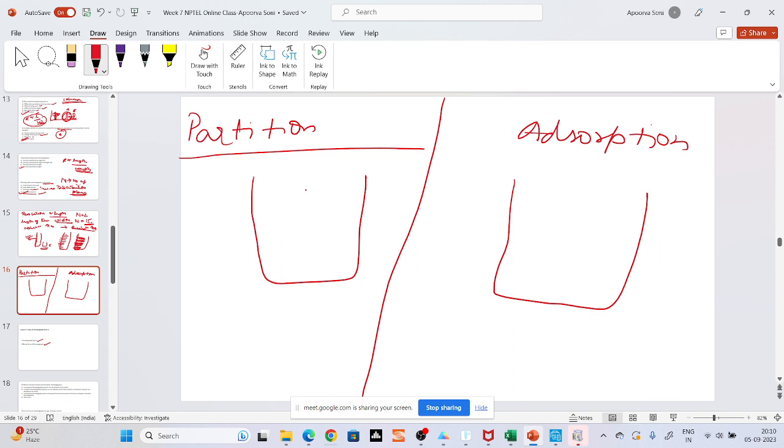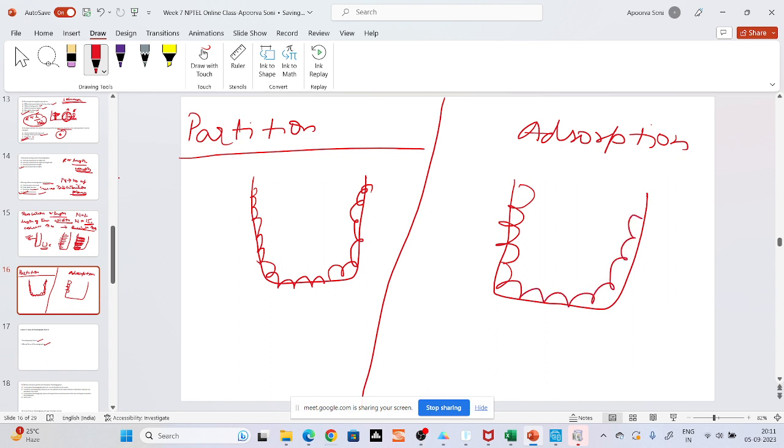So stationary phase can be in the form of a matrix. That means some kind of functional groups or anything which is embedded on the column as a matrix. Okay. So this matrix is nothing but a stationary phase.